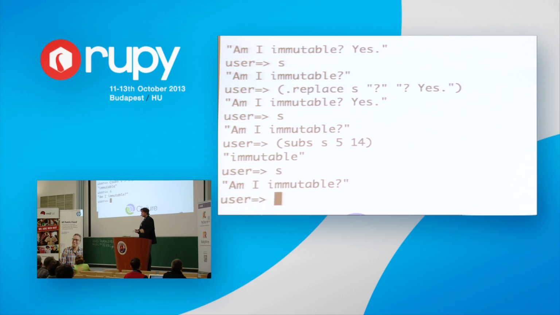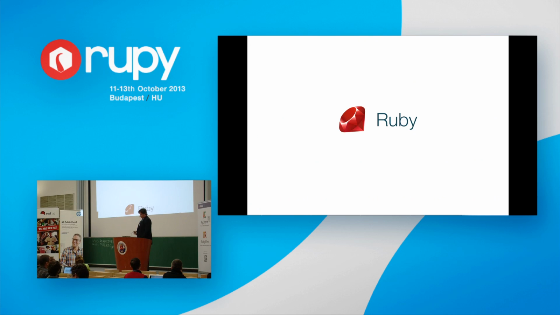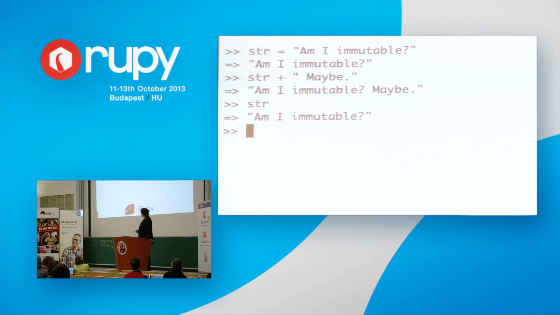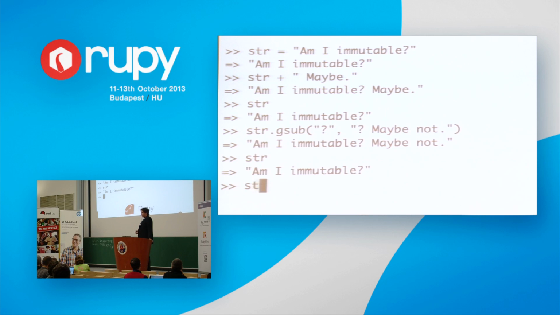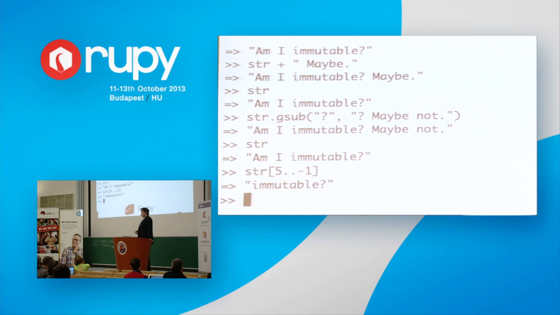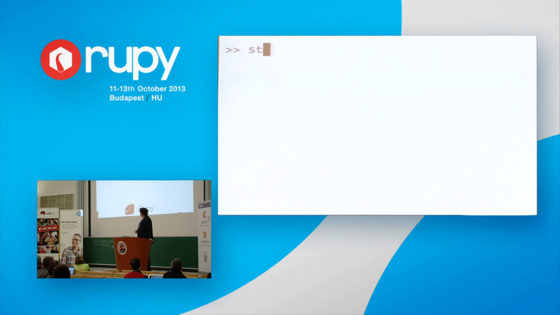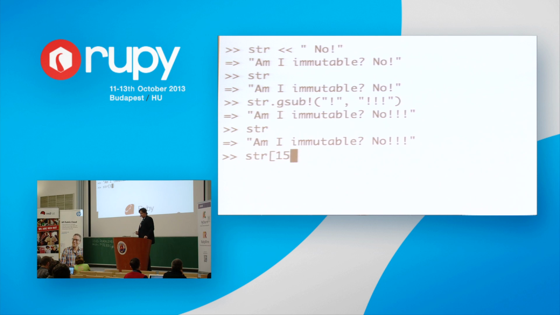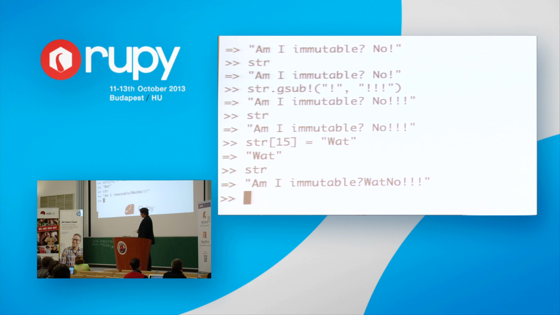Luckily, we can often trust Ruby to make things interesting. Ruby strings are slightly different. They do have this nice immutable interface where just like with these other languages, you can produce new values from strings. But there is a dark side to Ruby strings. You can actually go and change it in place. You can add stuff to a string, you can remove stuff from it. All bets are off.